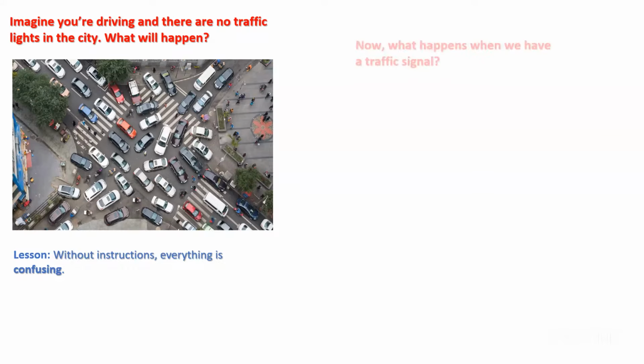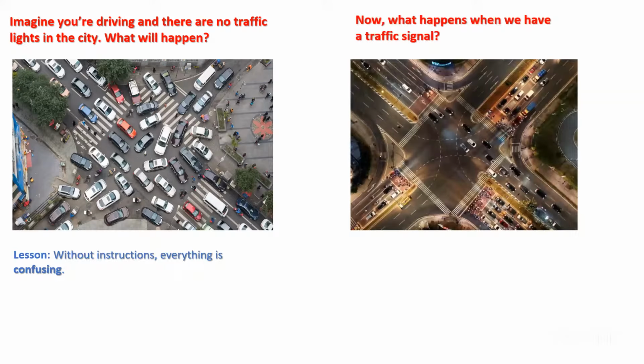The same way, if we have dedicated traffic signals, everyone will follow the clear step-by-step process and there will be no chaos. In this signal, what do you do when you get red? Stop.